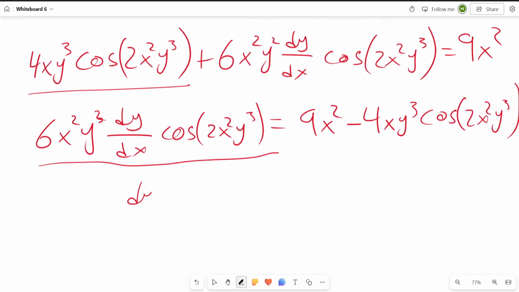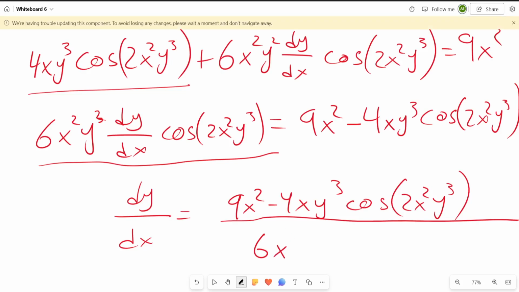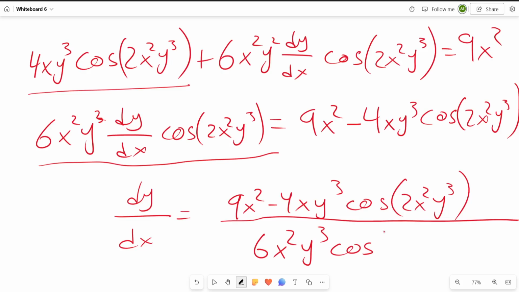So I'm going to have dy by dx equal to this whole thing, which is 9x squared minus 4xy cubed cosine 2x squared y cubed over 6x squared y cubed cosine of 2x squared y cubed.